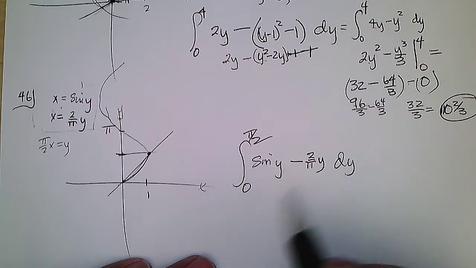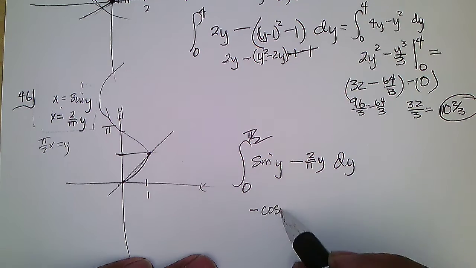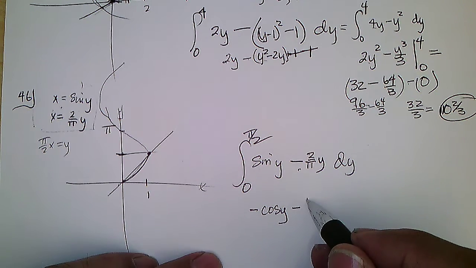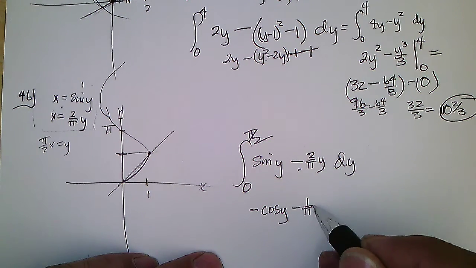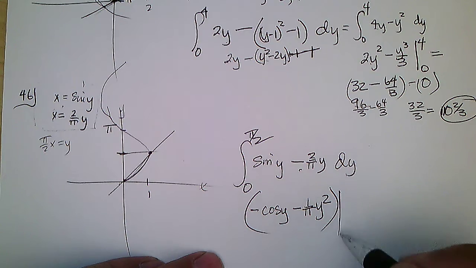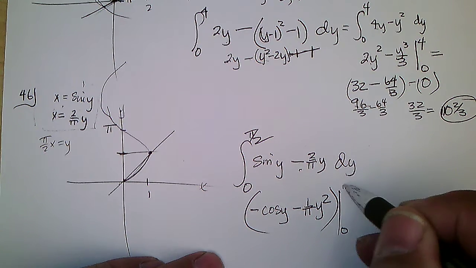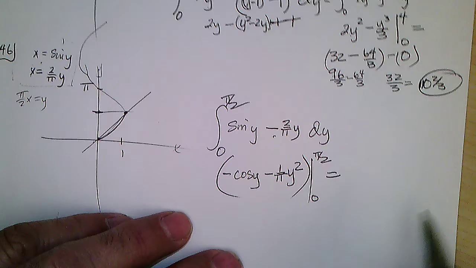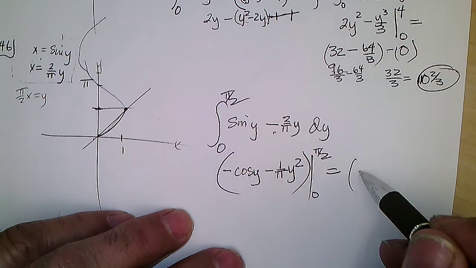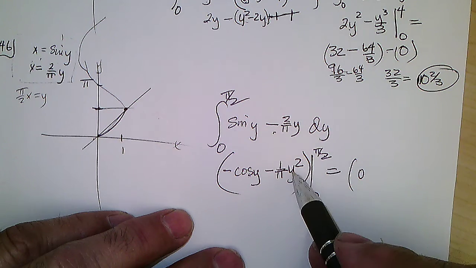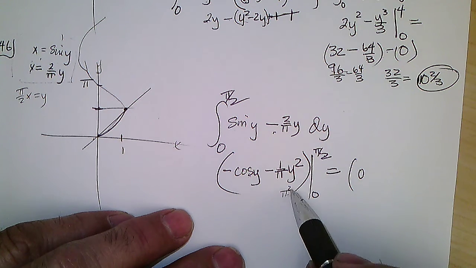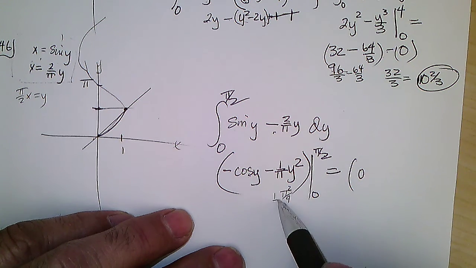So the integral of sine is negative cosine y. Integral of this would be minus 1 over pi y squared. Evaluate from 0 to pi over 2. Cosine of pi over 2 is 0. And pi over 2 squared is pi squared over 4 times 1 over pi.